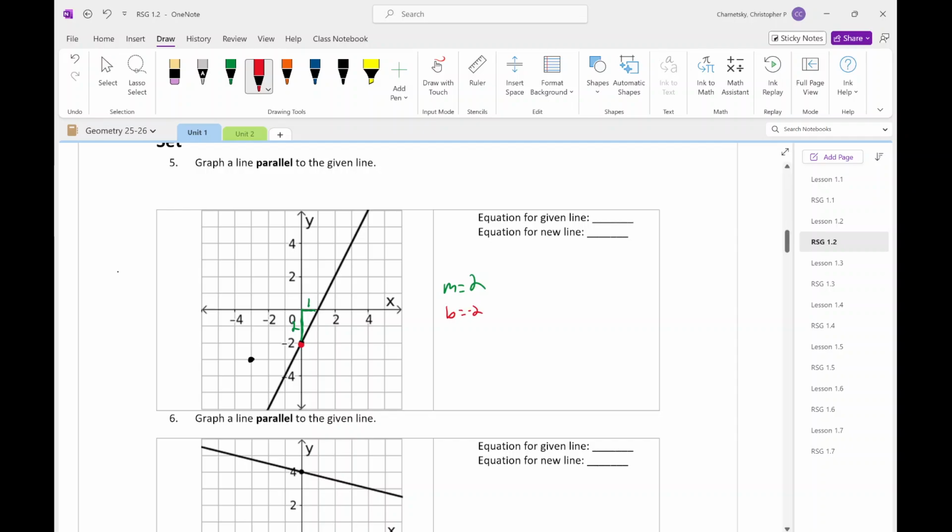So the original given line, our equation would be y equals 2x minus 2. Now, in order for it to be parallel, we're going to need to use the same slope. So we're going to have to go up 2 over 1, up 2 over 1.